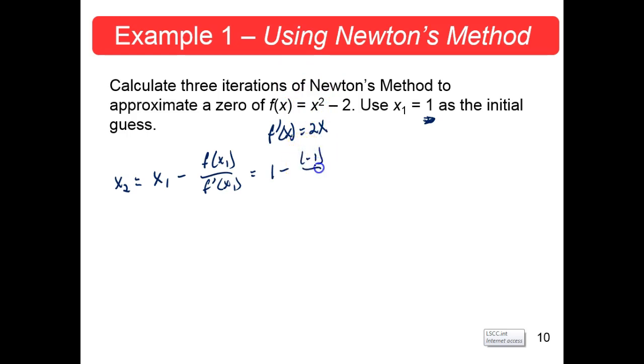Negative 1, over, and what's f prime of 1? 2. Okay? So this would be a minus minus is plus. It would be 1 plus 1/2. That would be 1.5. Okay? Agreed? So there's our first iteration.